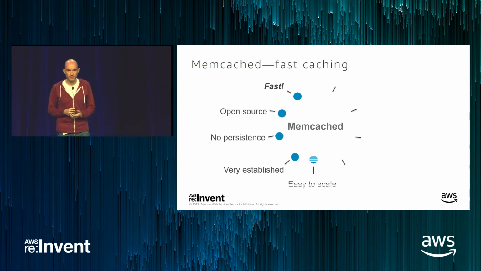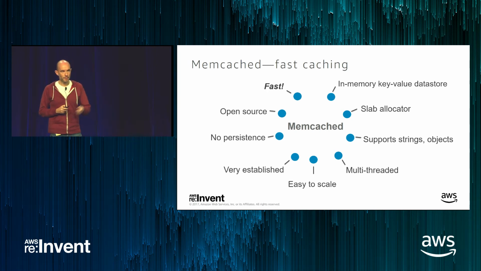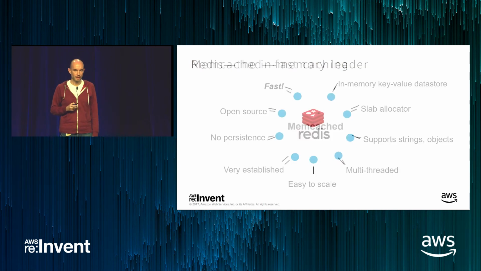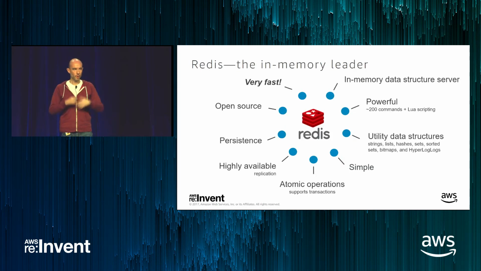So Memcached is the easy option. It's fast, it's open source, but it doesn't offer any kind of persistence. But it's a nice workhorse for caching everything on some caching server like Amazon ElastiCache. If you want to be more fancy around your caching, we would suggest taking a look at Redis. Redis comes with a lot more features.